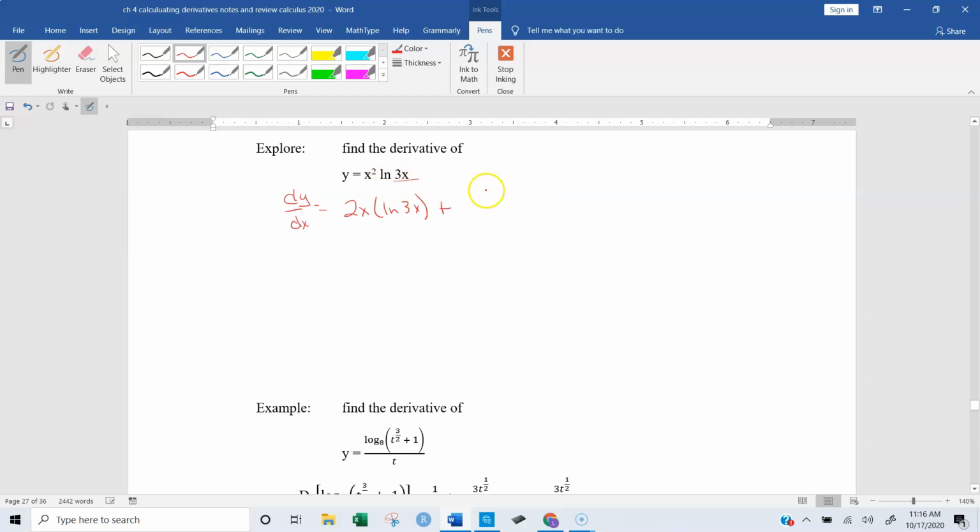So the derivative of the natural log of 3x is 1 over 3x times the derivative of the function, which is 3, right? All right, times the original, x squared. So what we have here is 2x natural log of 3x. Well, the 3's cancel here. The x's cancel. And we have plus x.